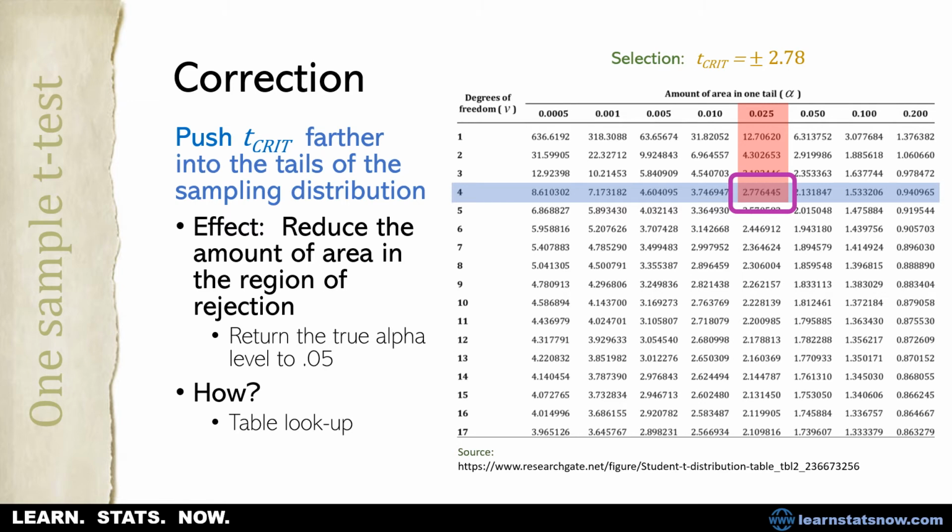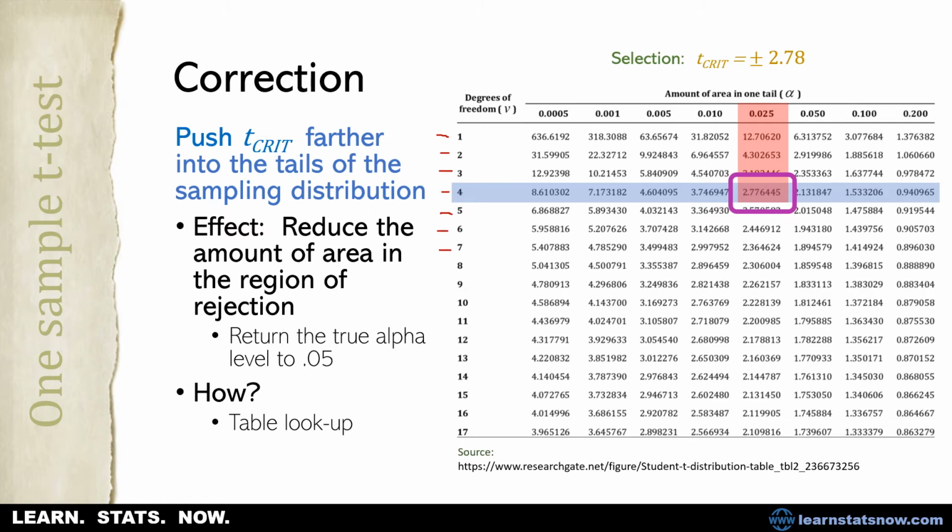Now, one thing I want to make a note of real quickly. When we talk about a t distribution table, which is what this is, we need to think of the t distribution as a family of distributions that really depend on degrees of freedom, because each of these rows represents a different sample size, since degrees of freedom is just n minus 1.